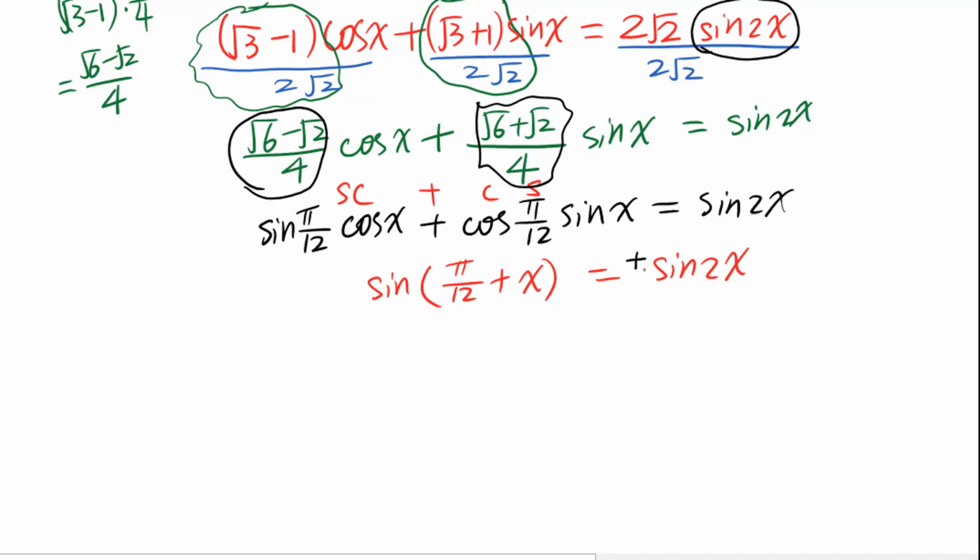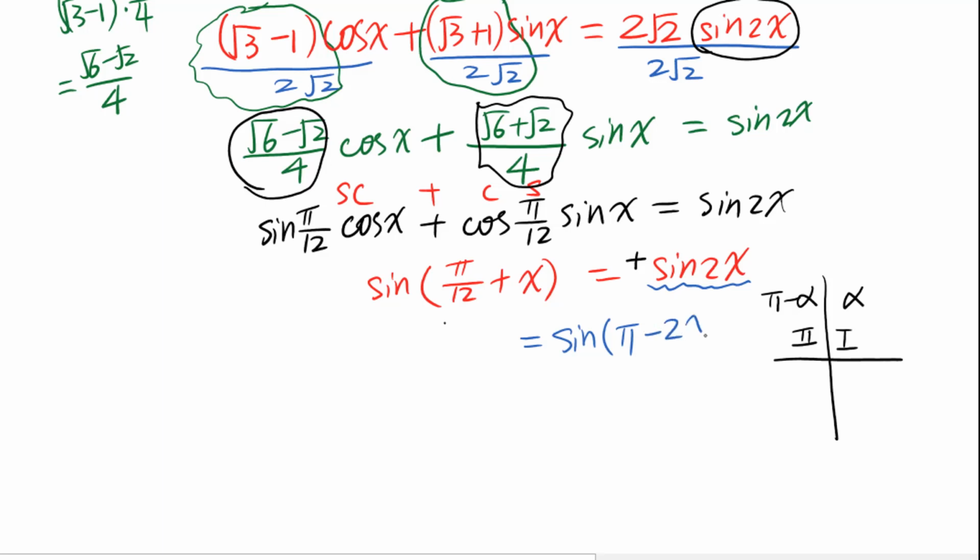Since this is a positive, it will go to the first and the second quadrant. So if this is alpha, this will be pi minus alpha. So we can rewrite sine 2x as sine of pi minus 2x.